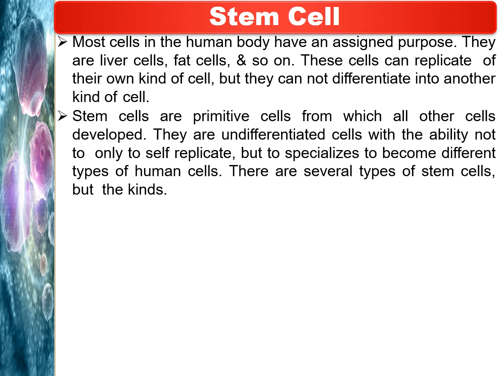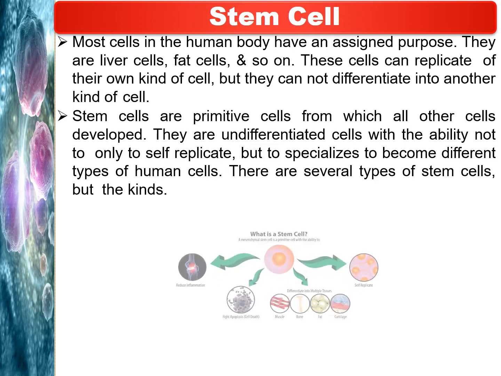On the other hand, the question arises, what are stem cells? Stem cells are primitive cells from which all other cells developed. They are undifferentiated cells with the ability not only to self-replicate but to specialize to become different types of human cells. There are several types of stem cells.